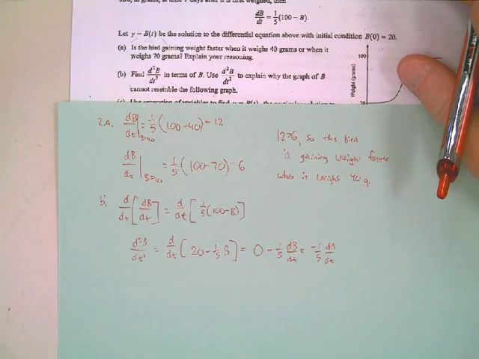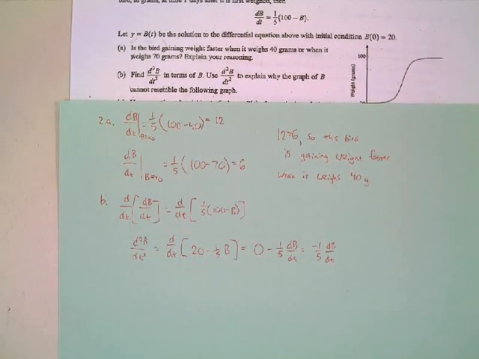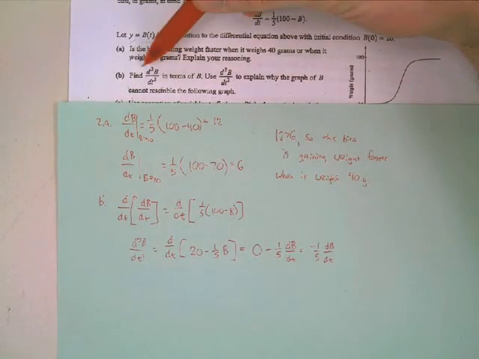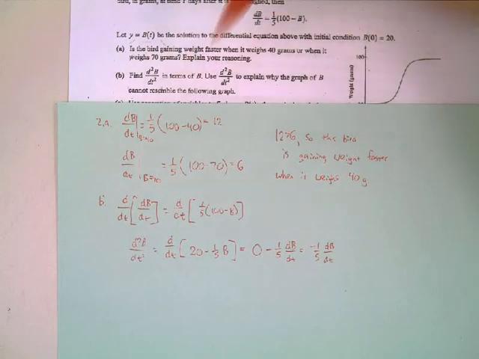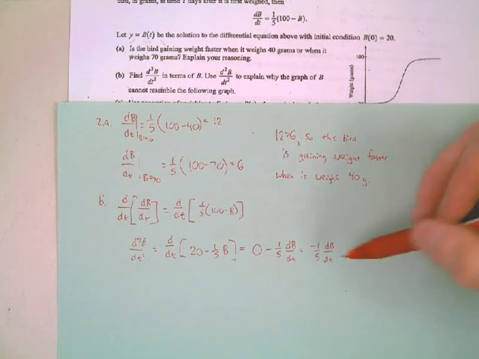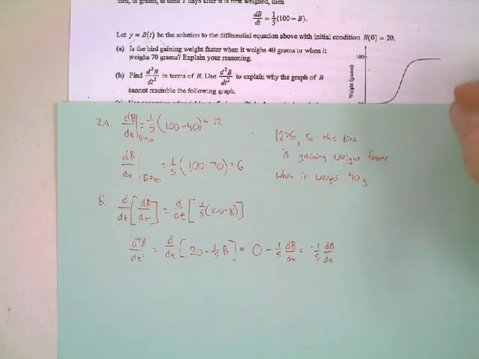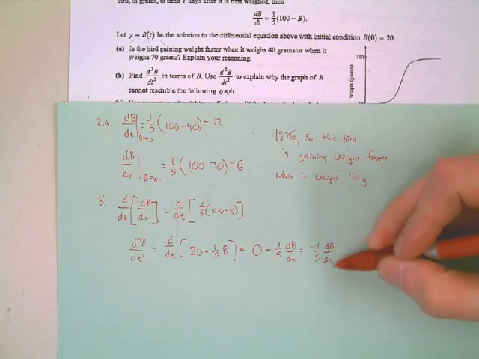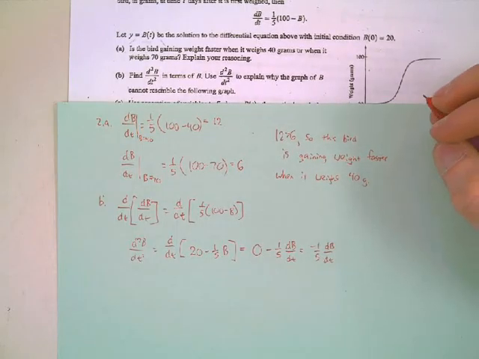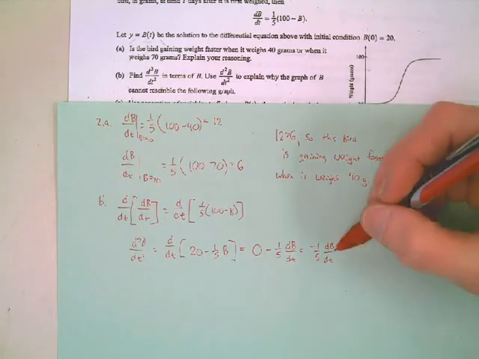Have we answered the question that was being asked? Or have we found d squared B dt squared in terms of B, Anna? No. So what do we still have to do here? Well, we have no B here. It's dB dt. Nope, not yet. So again, this is what we have.